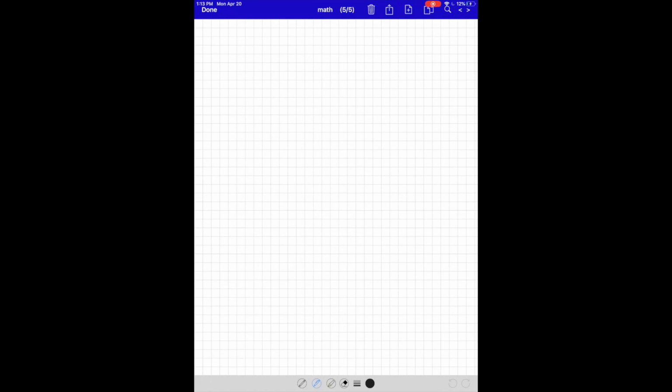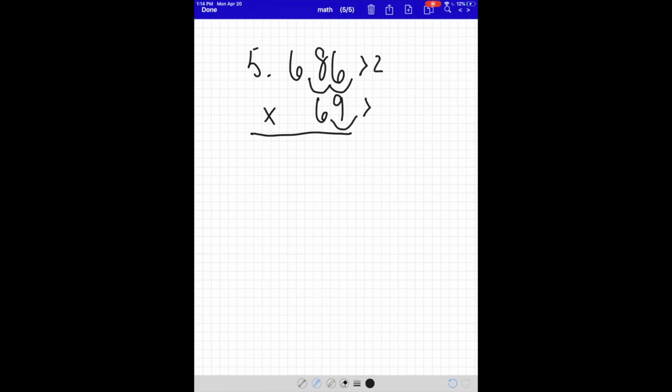Alright guys, this is number 5. So for number 5, we have 6.86 multiplied by 6.9. I'm going to count my spaces. So we'll have 3 at the end to move in.